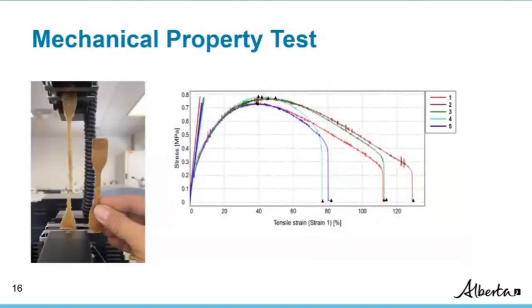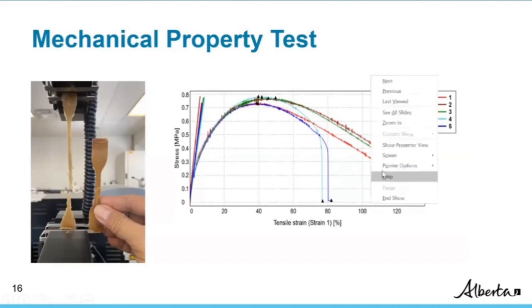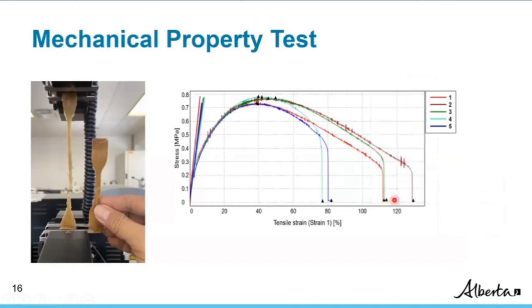This shows you how to do the mechanical property test. Basically, this is the tensile test using our instrument. And you can see from the result that the average elongation is around 100. And you can also see over here that it is double the gauge length.